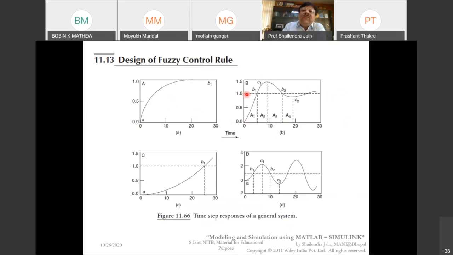A1, this is my reference value and this is the actual value. So reference minus actual, your error is negative. This is the A2 area where your error is positive, but slope is positive. This is the A3 area where my error is negative, reference minus actual negative, but slope is changing.